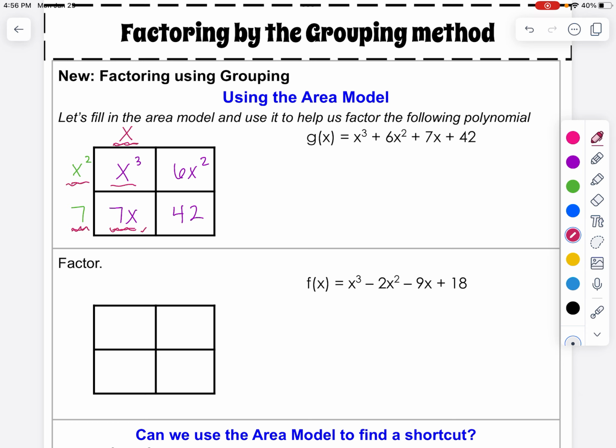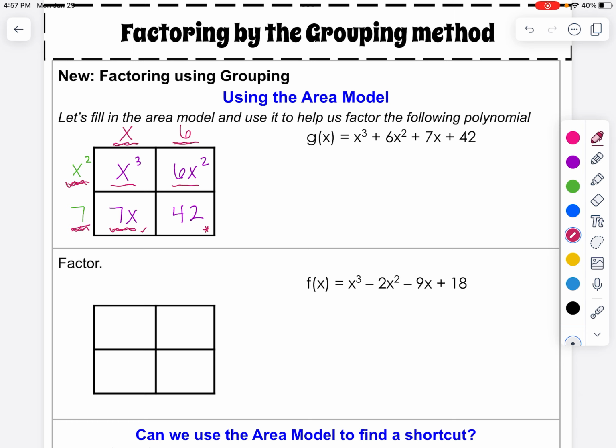How about for the next one? We have x squared times something equals 6x squared. Well, that would have to be 6. 6 times x squared is 6x squared. But again, we can use it to check our work. We've got 6 and 7 that meet in this box, and 6 times 7 is 42. So that is correct. So now we just need to put our factors together.